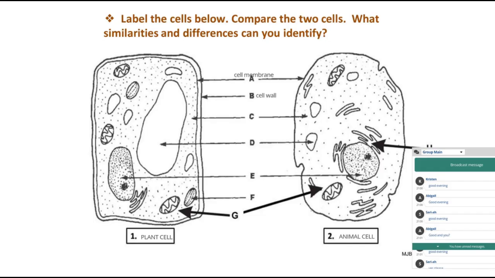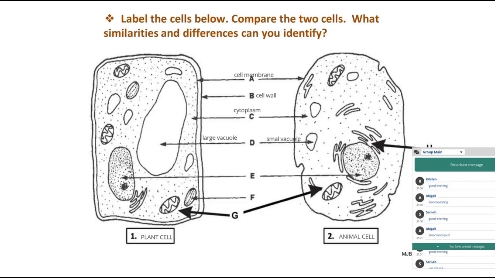So then we have C, cytoplasm. Right, so then D, we have the large and the small vacuole. So large vacuole in the plant cell, small vacuole in the animal cell.